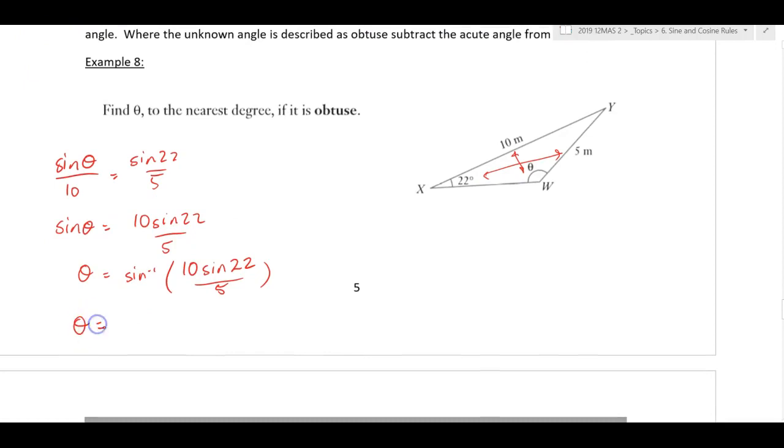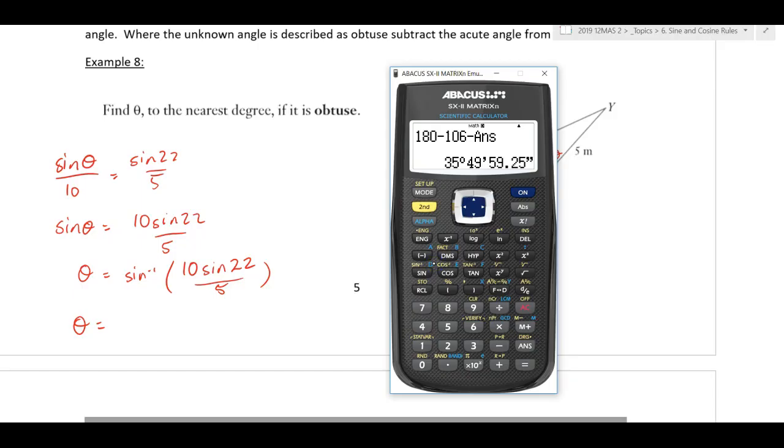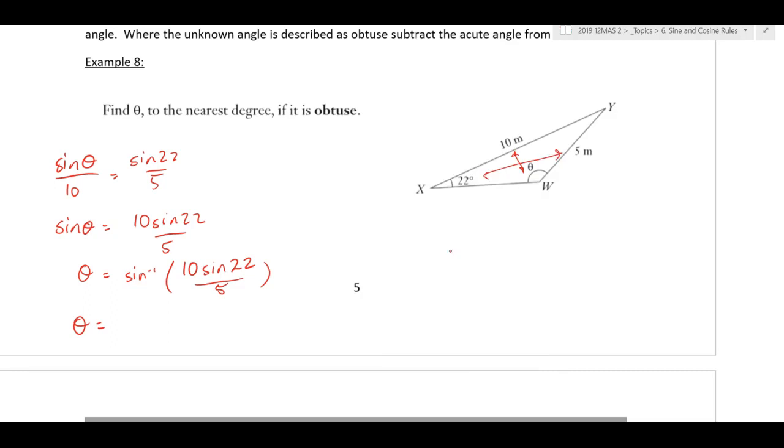And theta equals, write a calculator. So check this out. We'll go 10 sine 22 equals, divided by 5 equals, the inverse sine of that, equals this. But that's not the answer that I want. So now I'm going to say 180 minus my last answer, which to the nearest degree is 131 degrees.